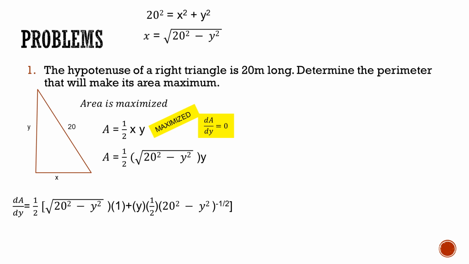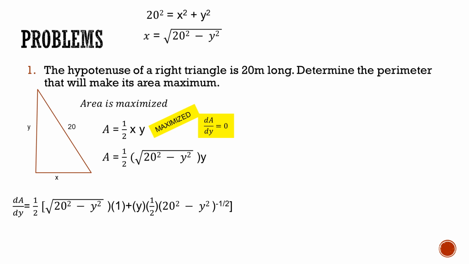Differential of y with respect to y is 1. Okay. And then v du, our v is y. And then we can write the square root as raised to 1/2. That is why we bring down the 1/2, and subtract one from the exponent of 20 squared minus y squared, it will become negative 1/2.